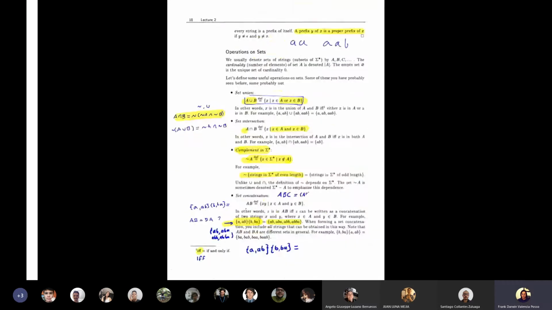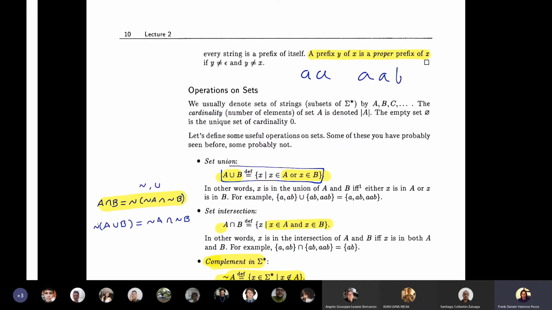Then there is the notion of suffix, but it's defined similarly, at the end instead of at the beginning. So I'm not going to define this. Now we're going to see some properties of sets, normally sets of strings.